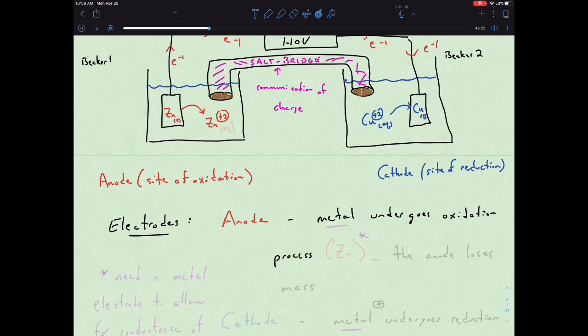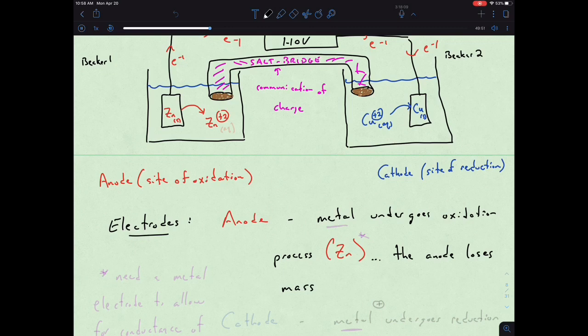And in our above example, that's the actual zinc. The anode loses mass as this reaction continues.